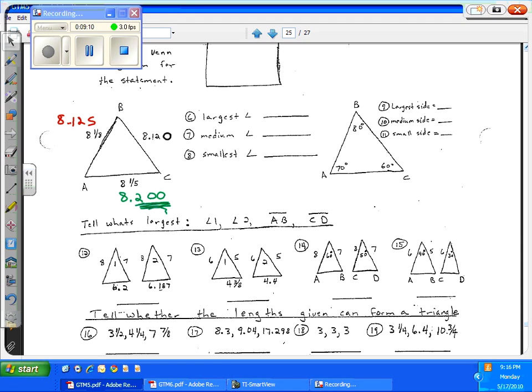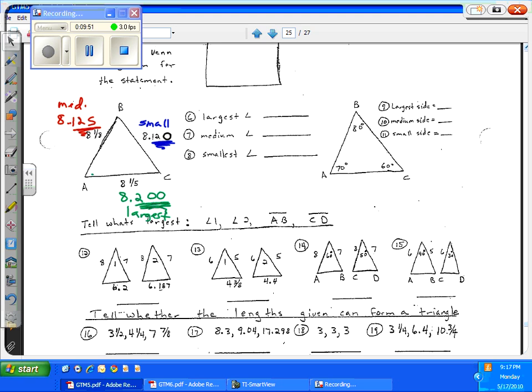It's in the third place over, the thousandths place, as compared to 120 thousandths, as compared to 125 thousandths. The most being the 200, so this is the largest side. The medium amount being the 125, so this is the medium-sized side. And the smallest being the 120, so this is the smallest side.